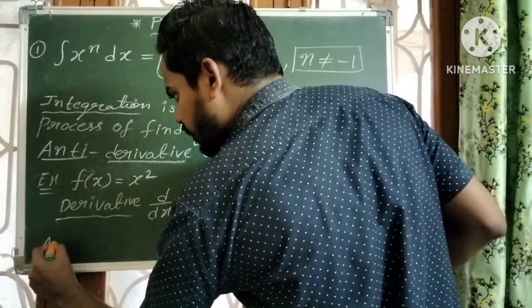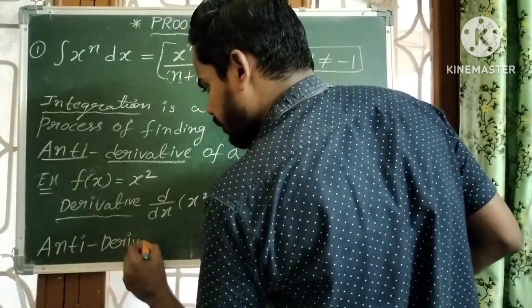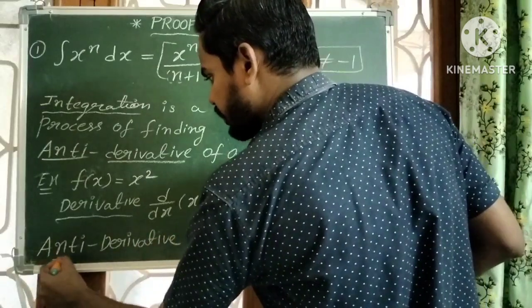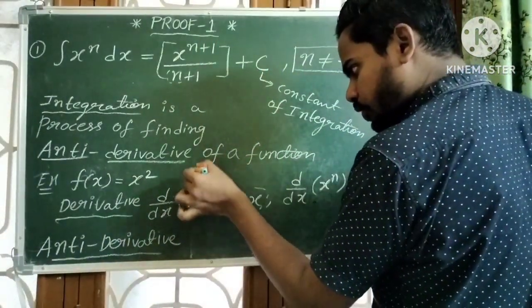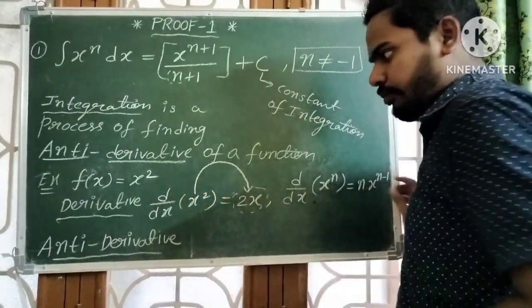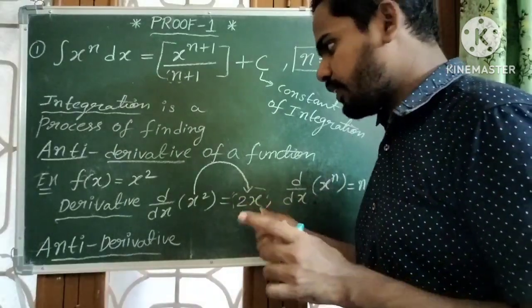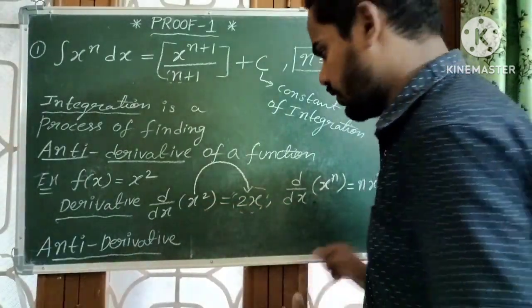Now antiderivative. Let us find integration. Antiderivative means reverse process of differentiation. Here my original function is x square. Derivative of this function is 2x. So when we differentiate x square, we got 2x.